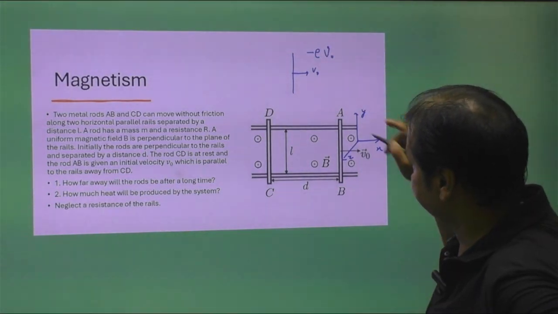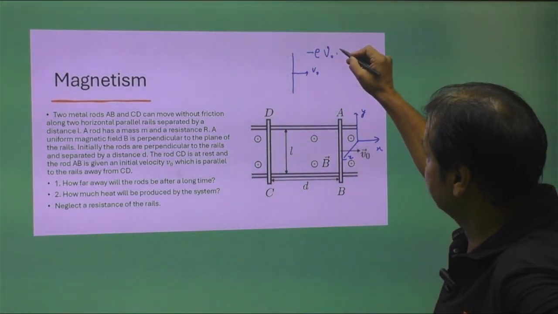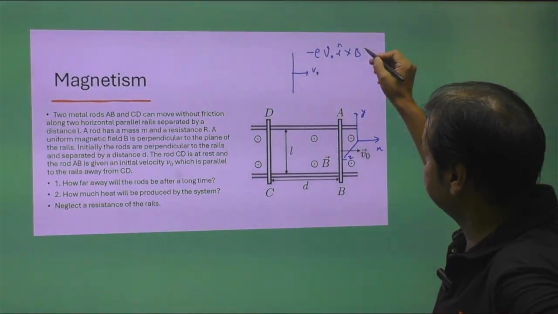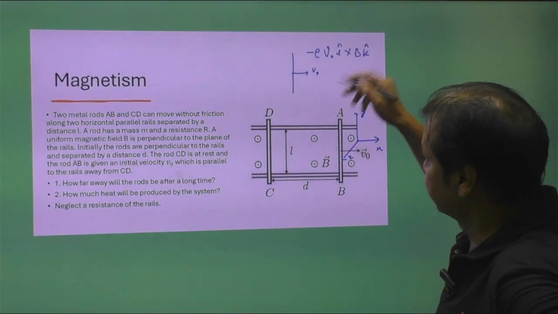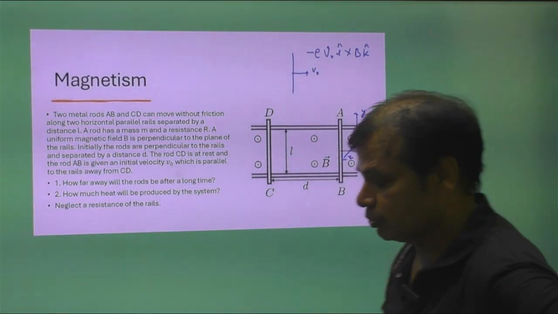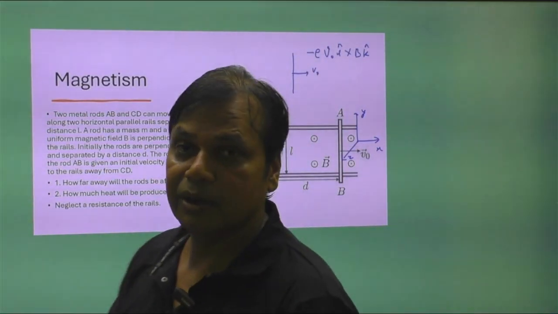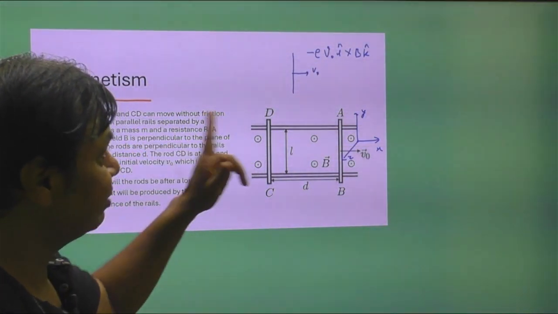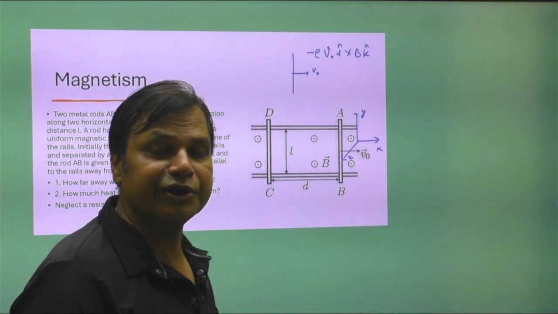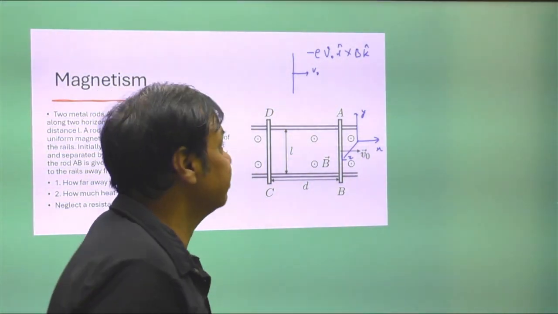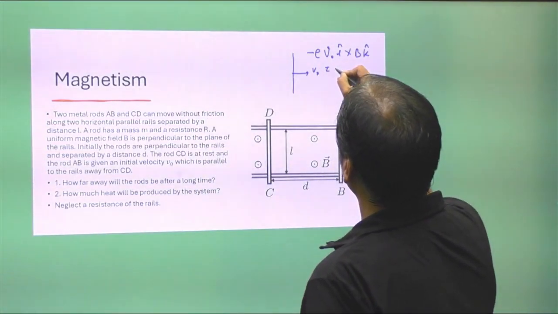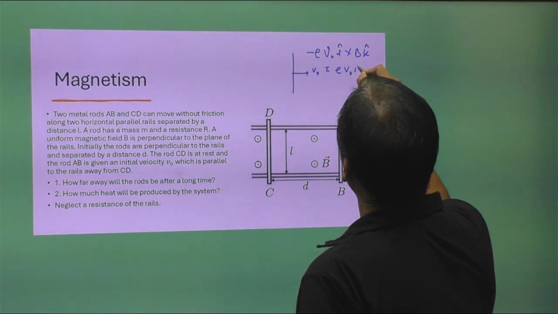At this very first moment, t equals 0, we can write V0 i cap cross the magnetic field B in the direction of the z-axis. To contain the minus sign, I am going to treat it like k cross i, and that will be j.